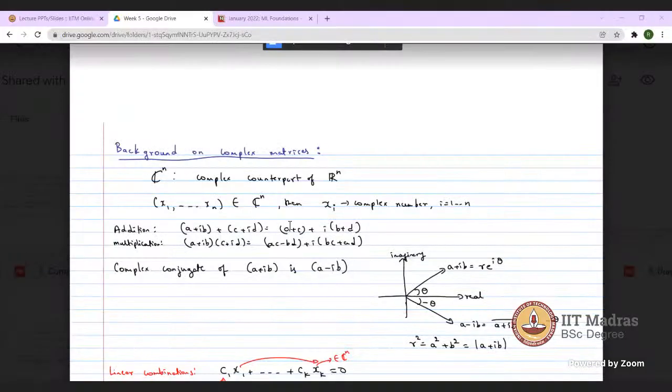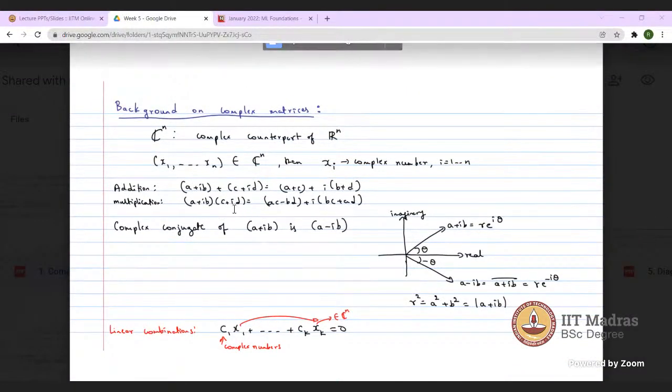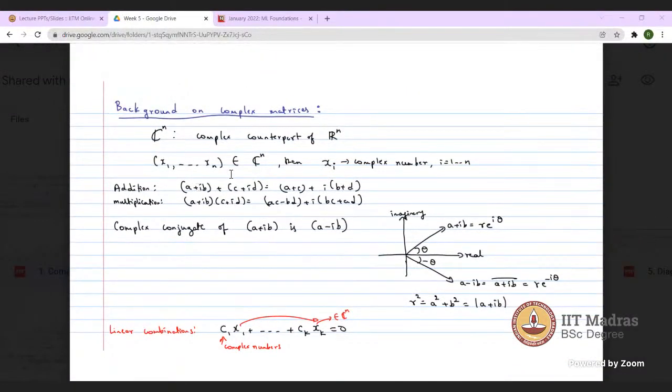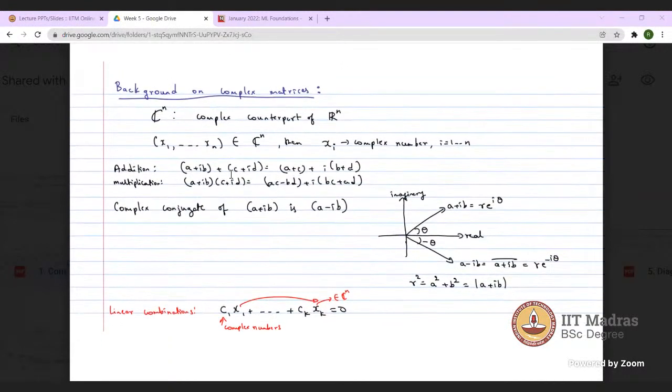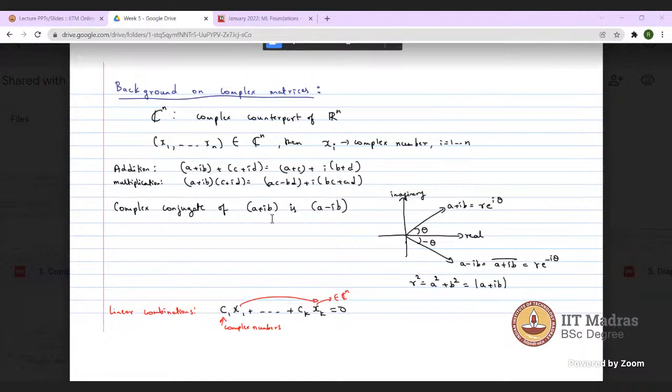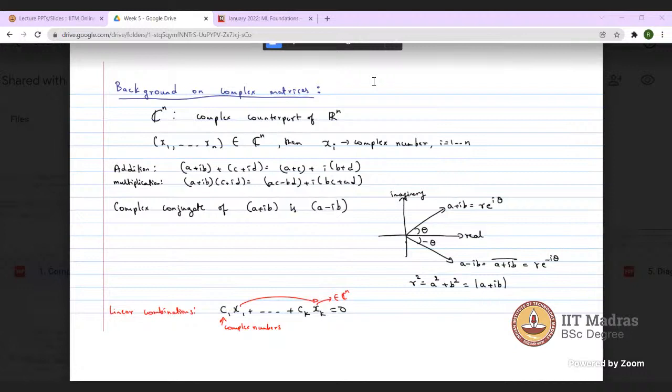So we have these complex matrices, right? Before that we need to discuss complex numbers, correct? And to discuss the application of complex numbers, it's not so straightforward.